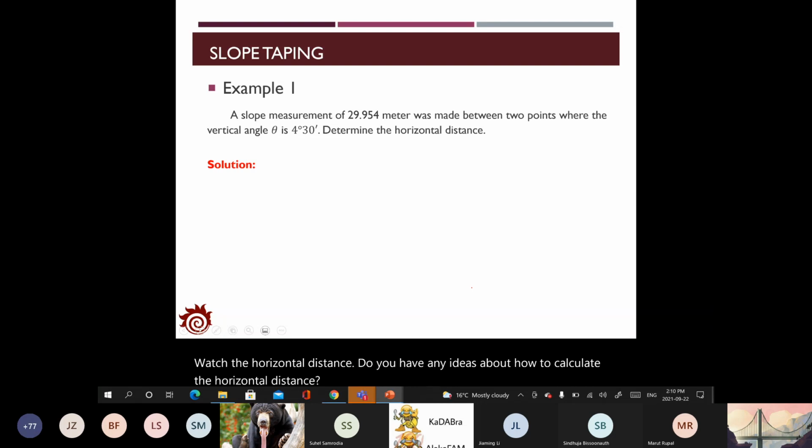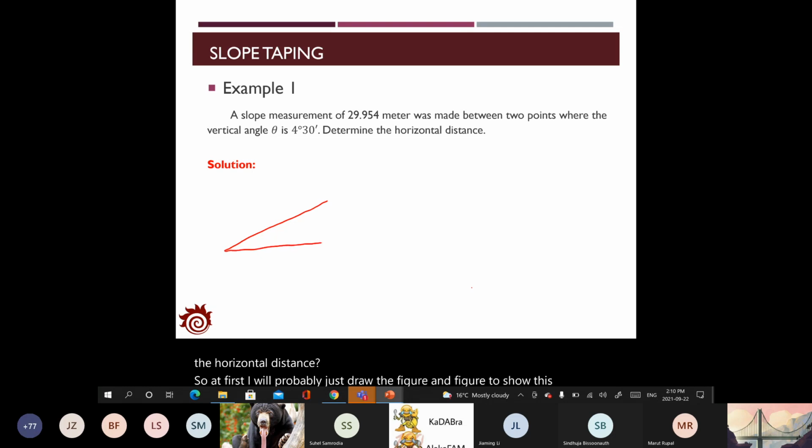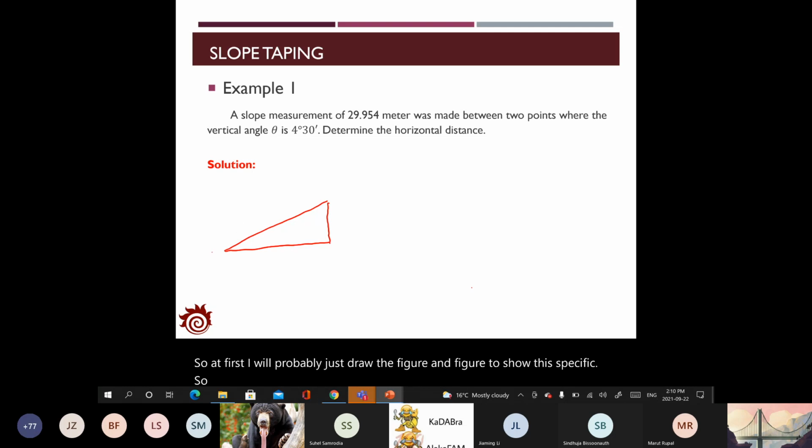So at first, I will probably just draw the figure to show this specific problem. So we have point A to point B, and S equal to 29.954 meters, and we have theta equal to 4 degrees 30 minutes.